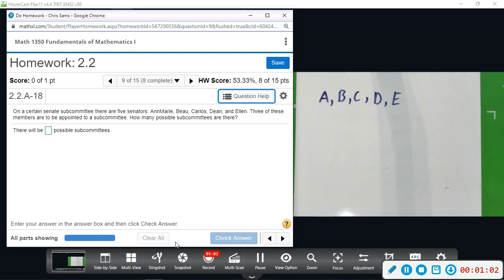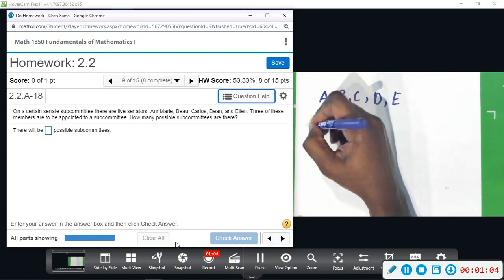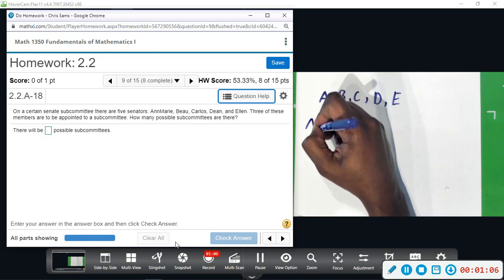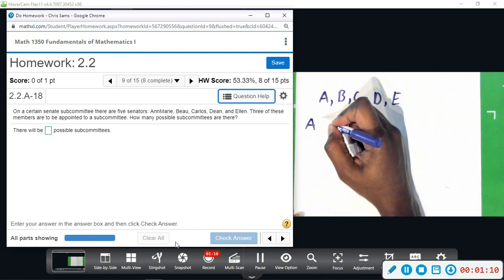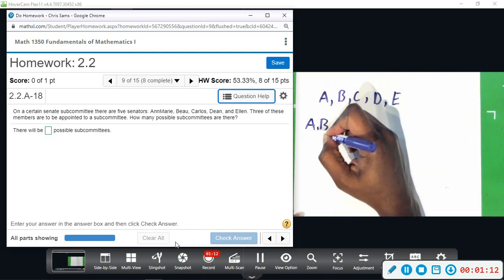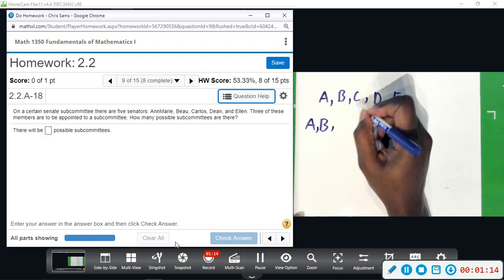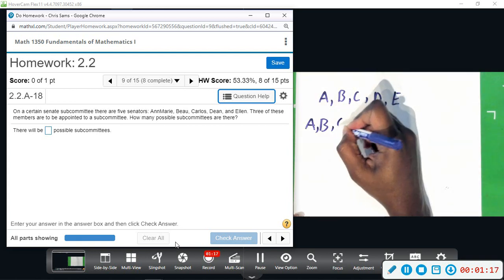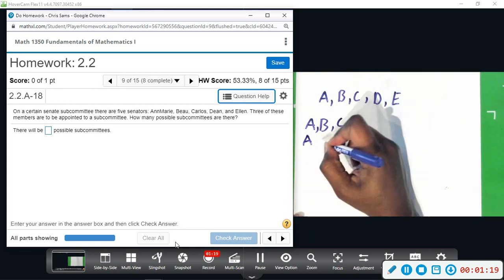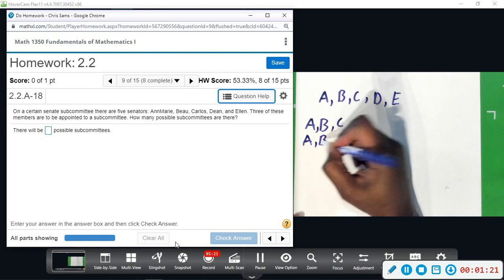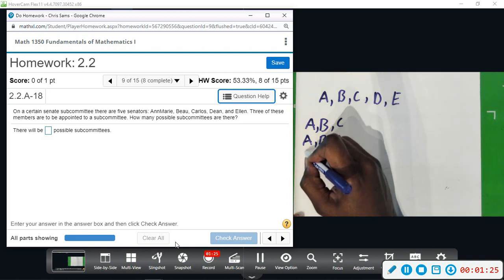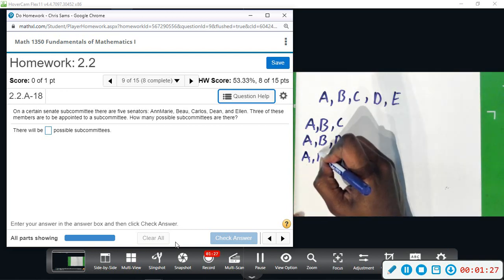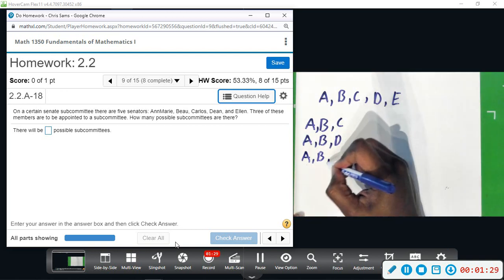We'll list all the subcommittees starting with the Anna Marie person and then a B. So we're going to do AB. We're going to use these two, AB, and then we can use Carlos. We can do ABC, ABD for Dean, and we can also do ABE for Ellen.